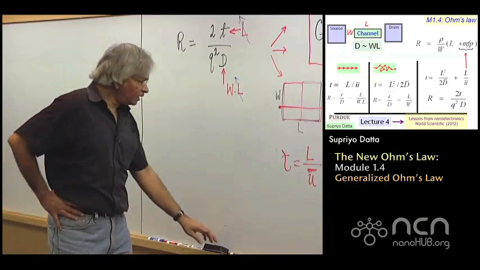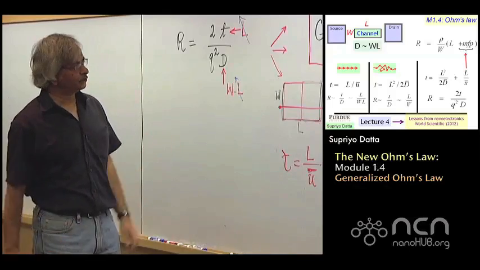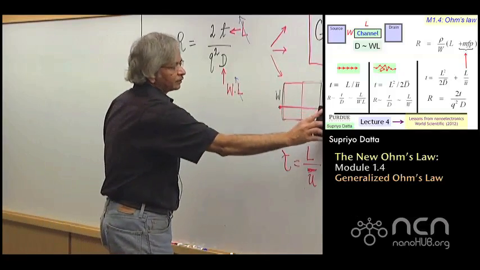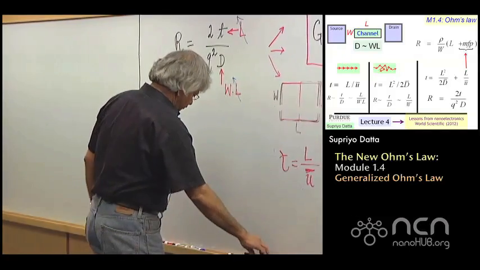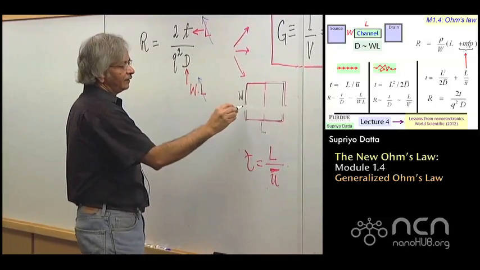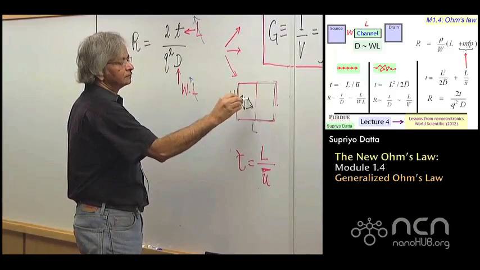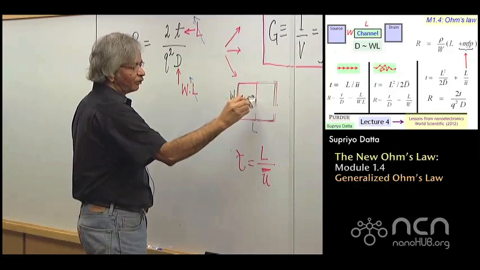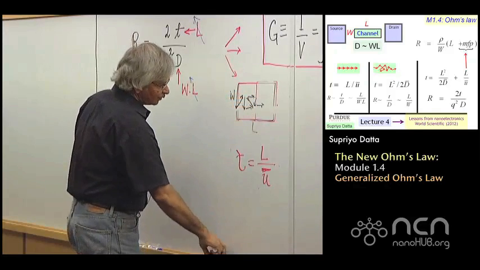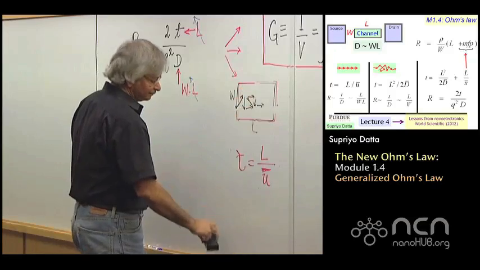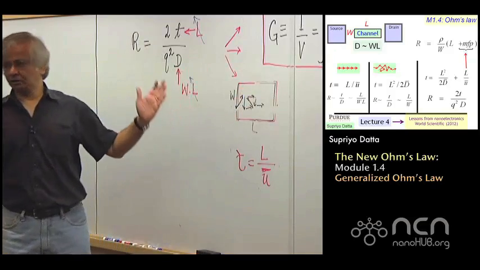Well, the way you could understand that would be if we think of diffusive transport. That is, like I mentioned before, when electrons are going through the conductor in a random walk.